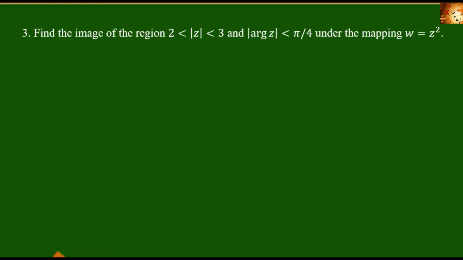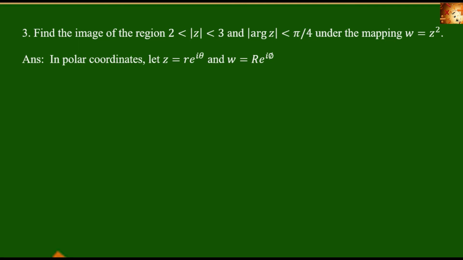Next problem, find the image of the region 2 less than mod z less than 3 and mod argument of z less than pi by 4 under the mapping w equal to z square. Here we are solving this problem using polar coordinates because it is easy when compared to Cartesian coordinates.